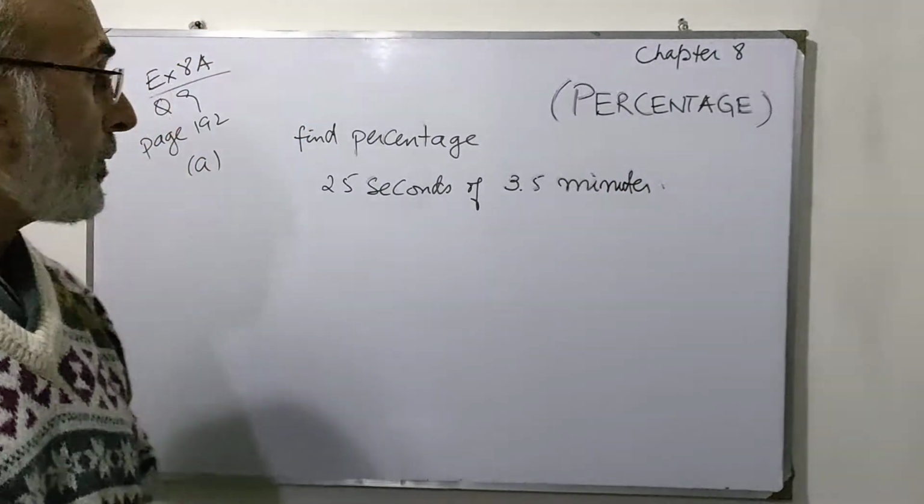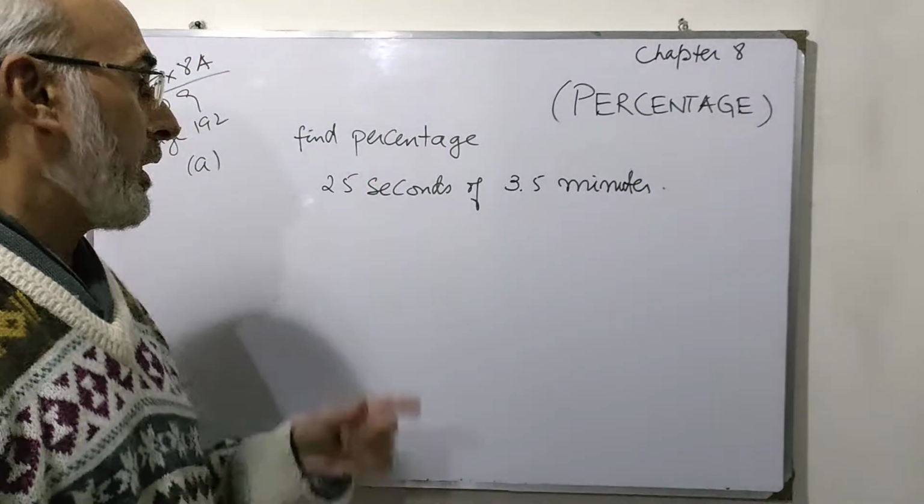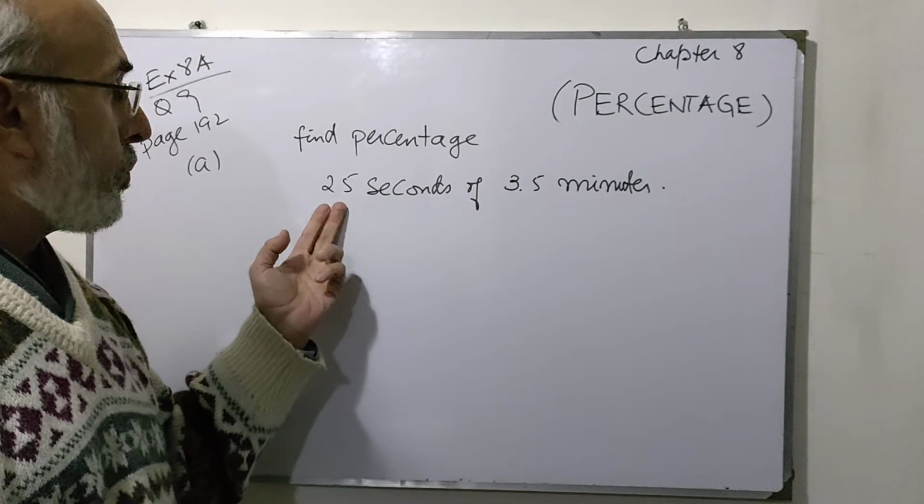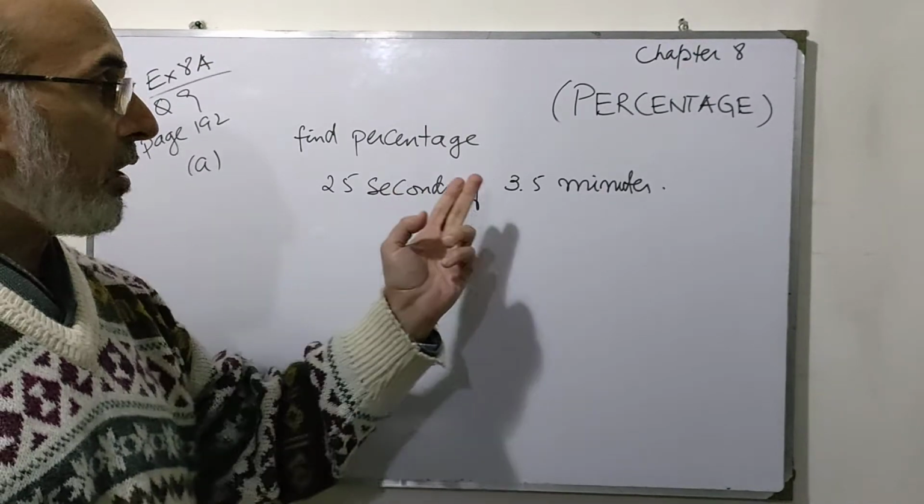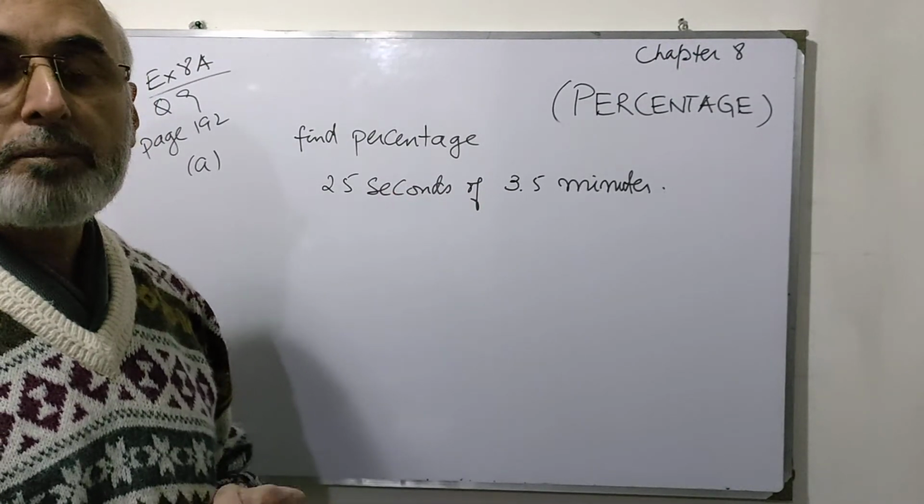So the question is to find what is 25 seconds of 3.5 minutes.